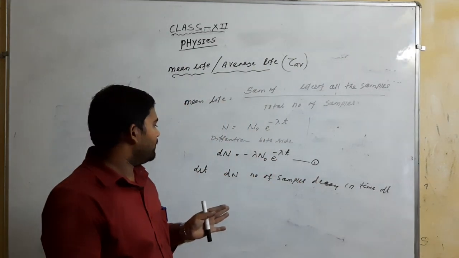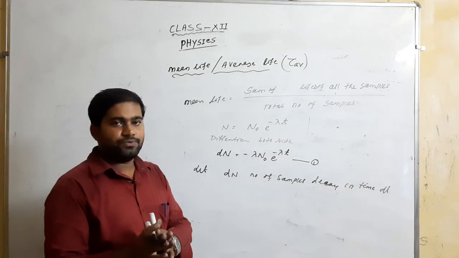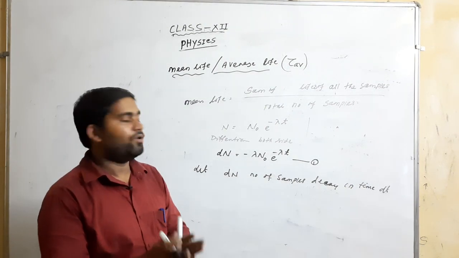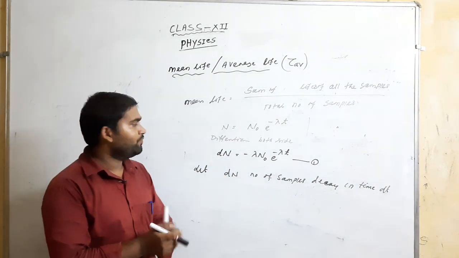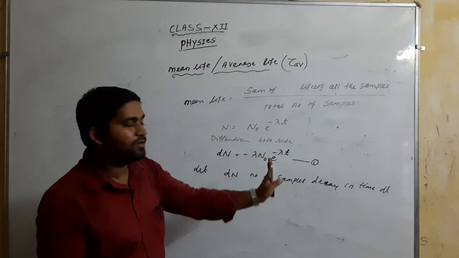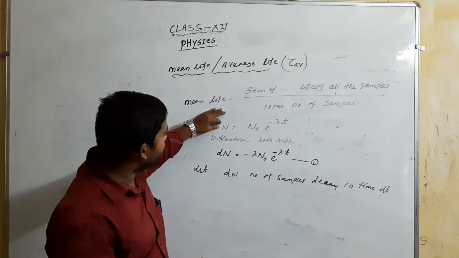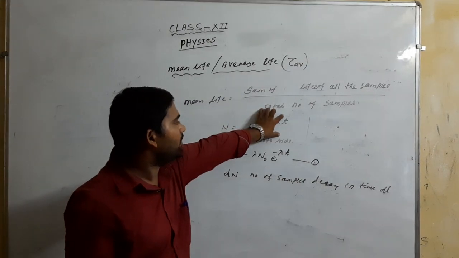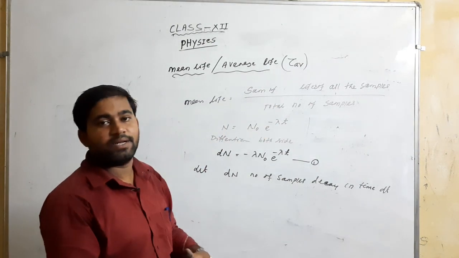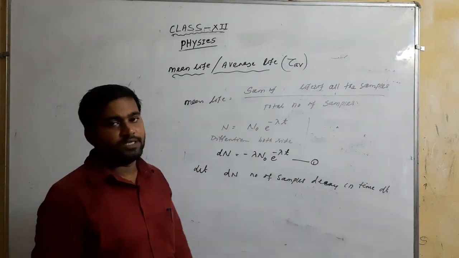That means we can find the total life of dN atoms. N equals N naught e to the power minus lambda t, where N is the number of samples remaining undecayed at time t.